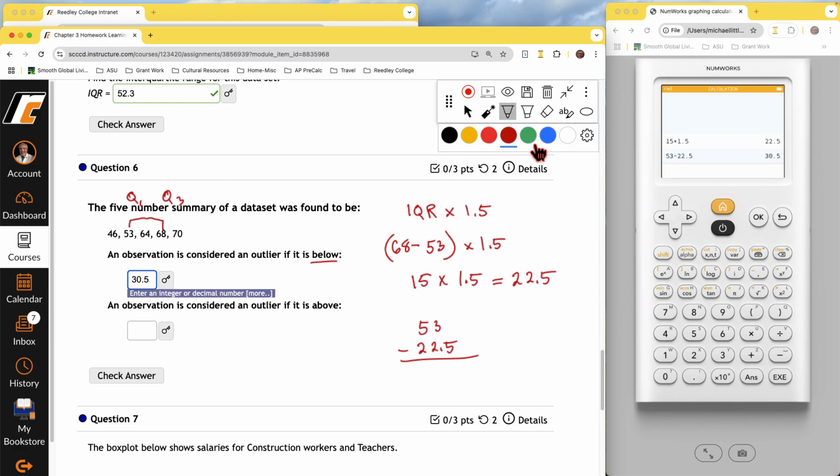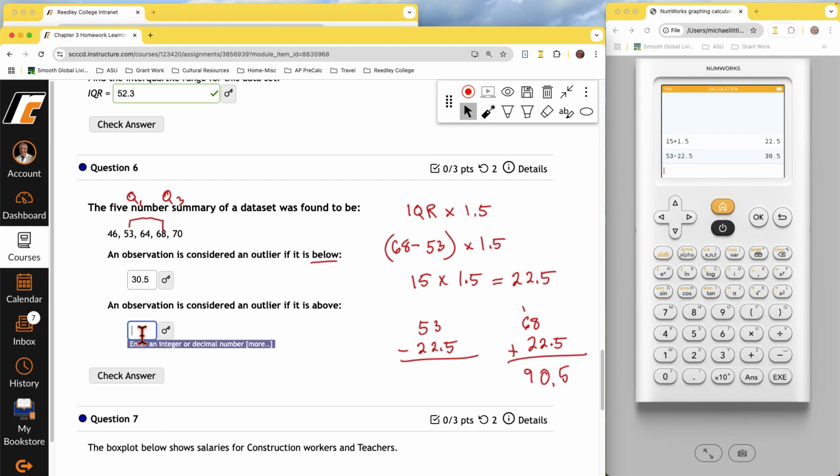And then we take Q3, 68, and add the 22.5, that will give you an outlier on the other end. 8 and 2 is 0, carry the 1, 6, 7, 8, 9. So 90.5, that would be the high end. Anything above 90.5 is considered an outlier.